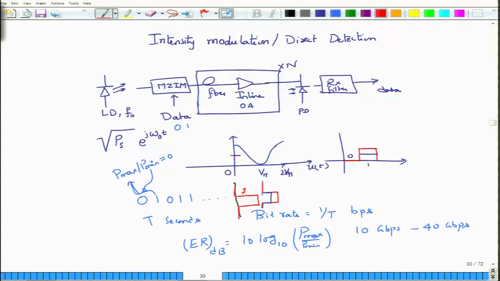But in this biasing scheme, the natural choice would be that a 0 at the voltage u of t will actually produce a 1 at the output, and a 1 at the input would produce a 0 at the output. But if you were to make this logical connection of interchanging what you call 0 and 1, and you do not worry about how u of t is going to be mapping to that output, and you simply call what we get here as 1 and 0, then it will be all right.